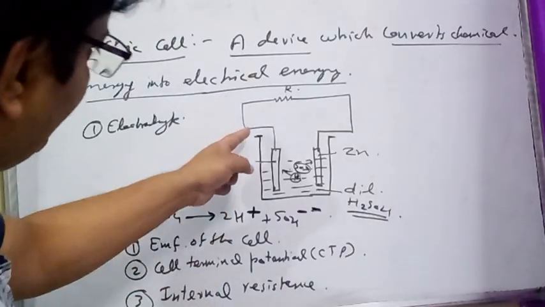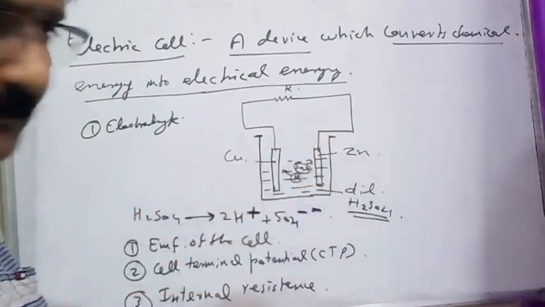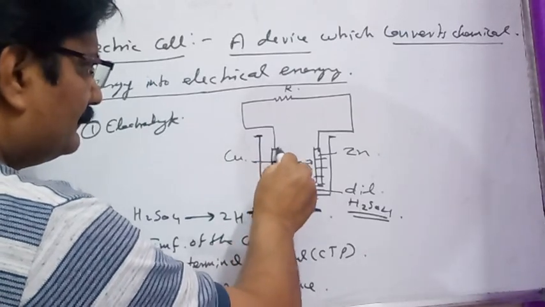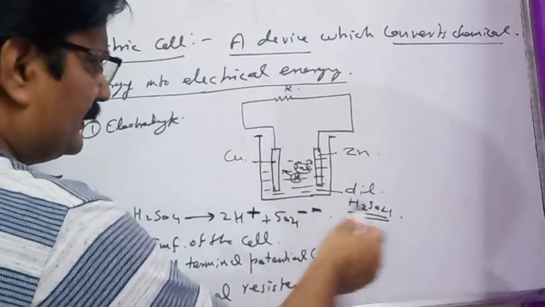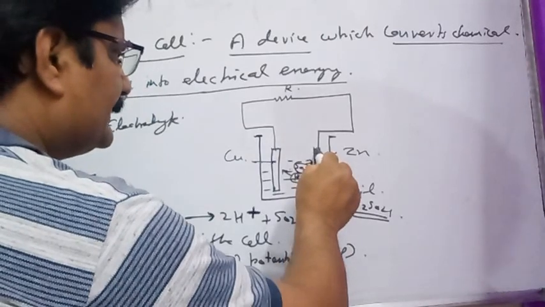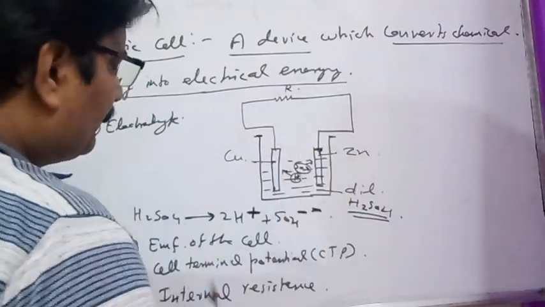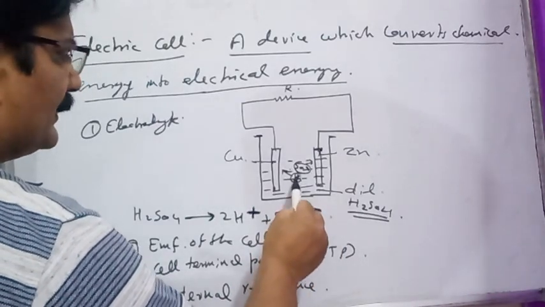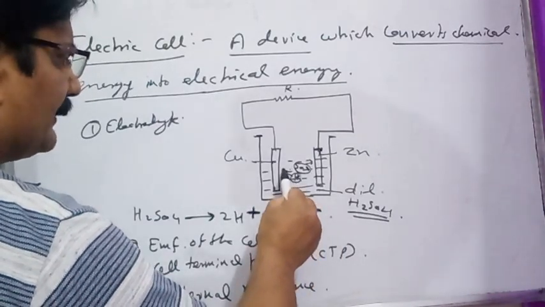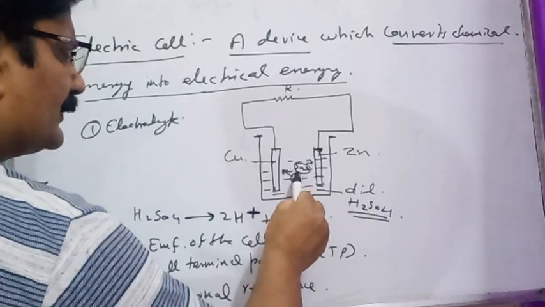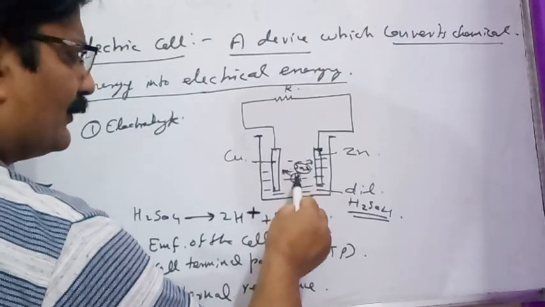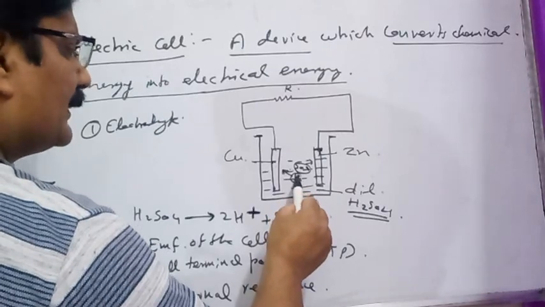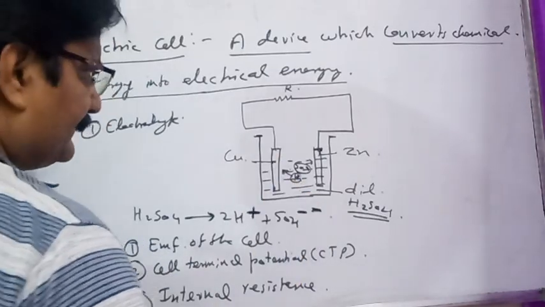So when this cell is fabricated, a copper rod is immersed into the dilute sulfuric acid solution, and a zinc rod. Then what happens? Due to the nature of these two electrodes of the cell, hydrogen ions move towards the copper plate. As a hydrogen ion has a deficiency of one electron, it takes one electron from the copper rod, becomes neutral and deposits over its surface.